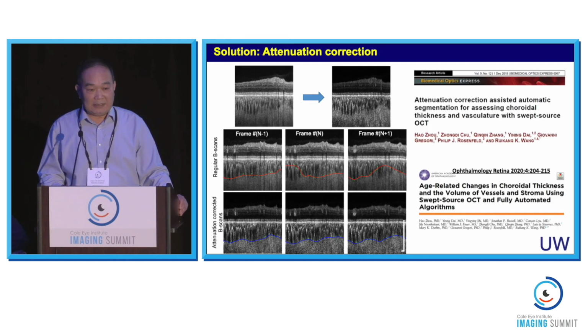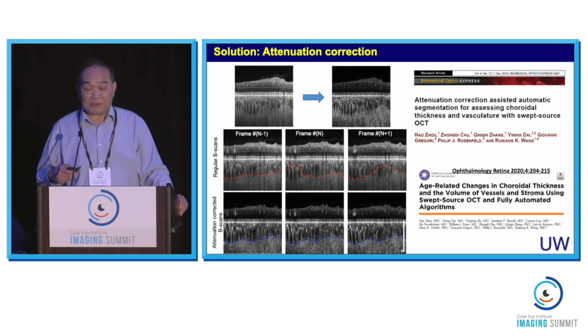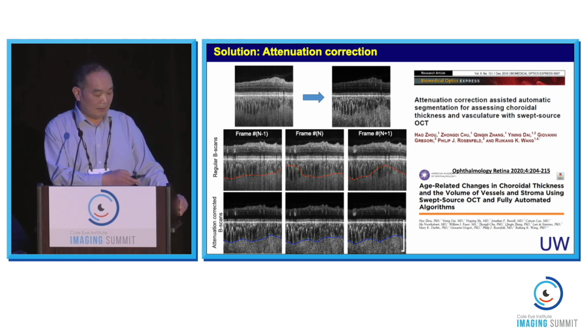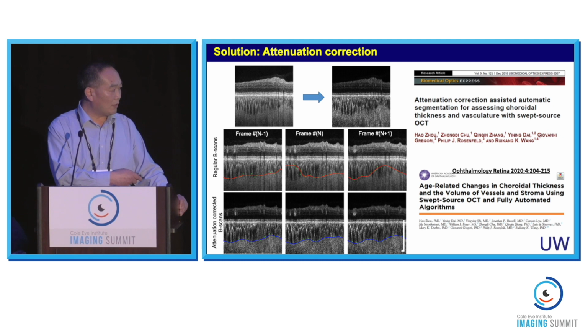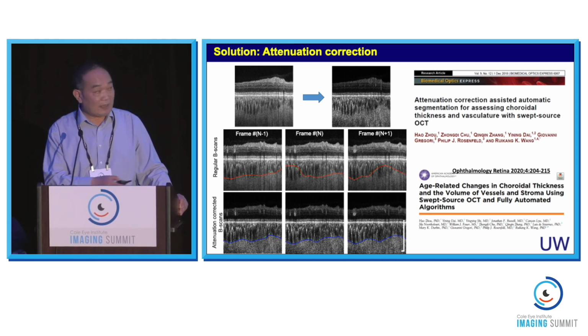This converts OCT scans into optical attenuation coefficient scans, so we call it OAC correction. OAC correction gives you the ability to automatically segment the interface between the choroid and sclera. If you are interested, you can go to these publications to look at it.